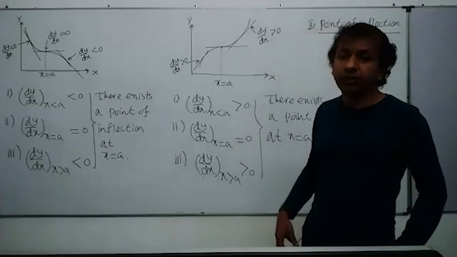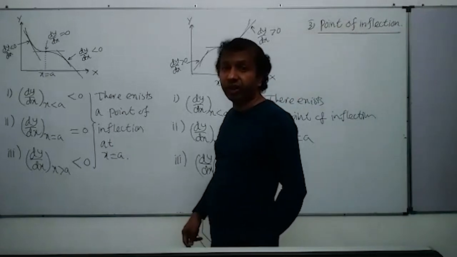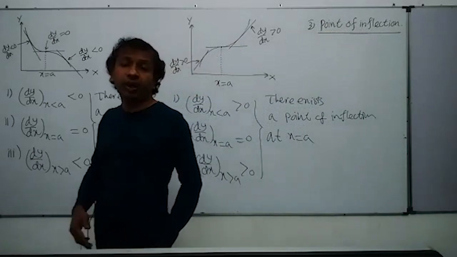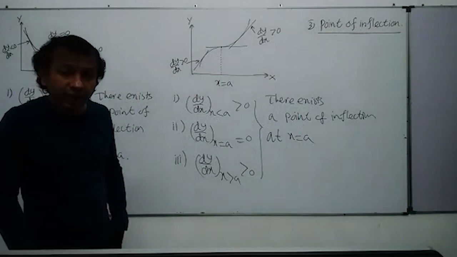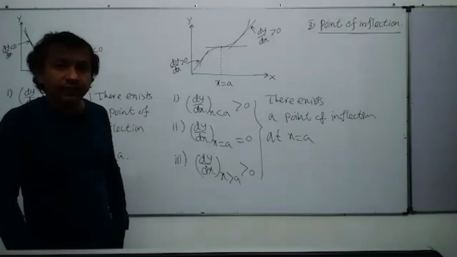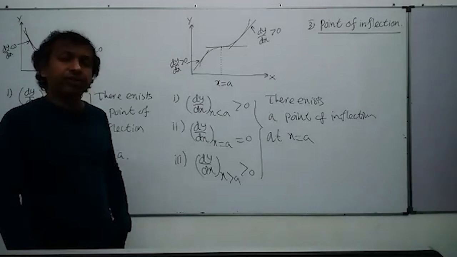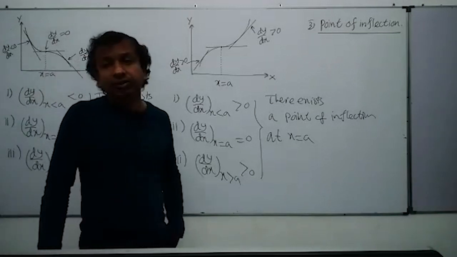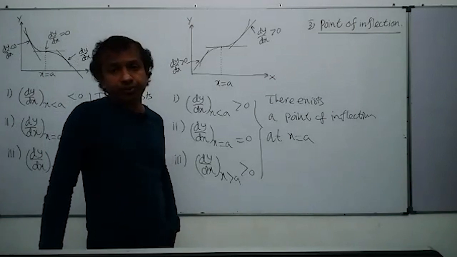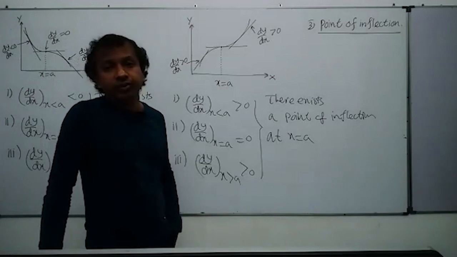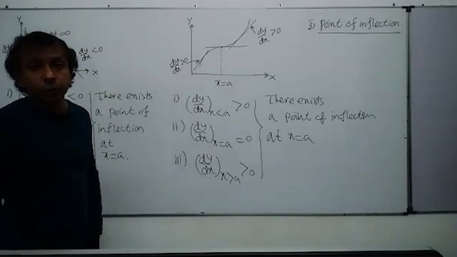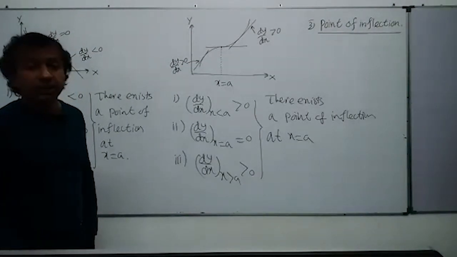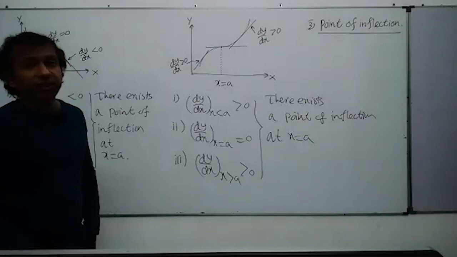Then using the variation of the sign of the first derivative, you can find the x and y coordinates at the stationary points, and by finding the signs of dy by dx, whether it is a maxima or minima or point of inflection. That way, when we determine a stationary point, that is called using the first derivative. We'll do, people, one example.